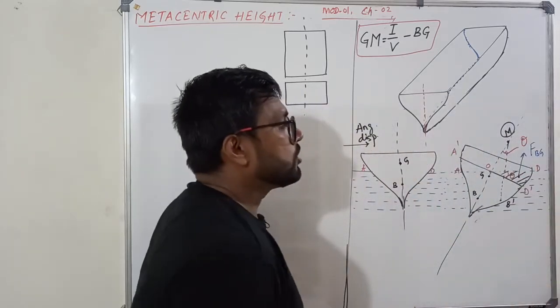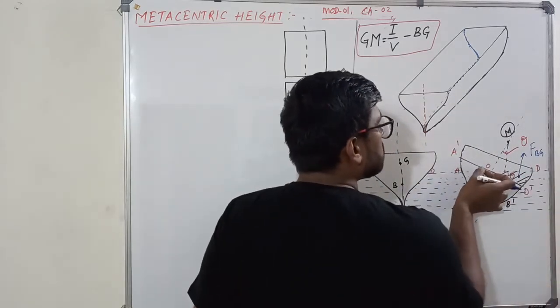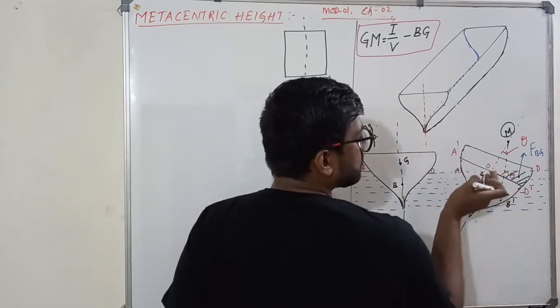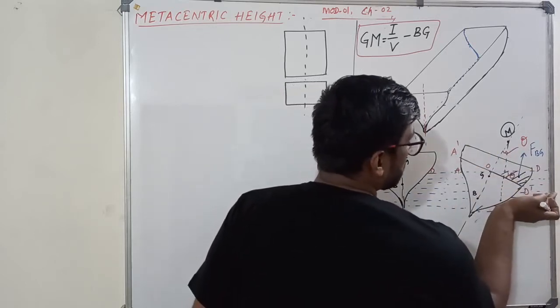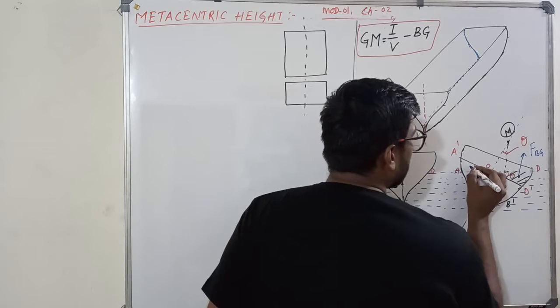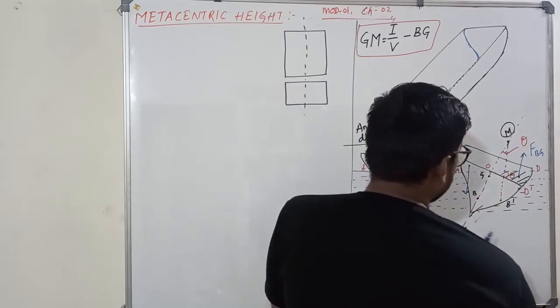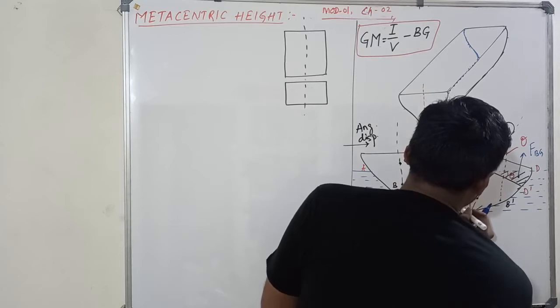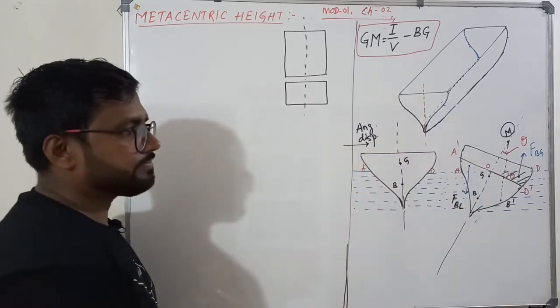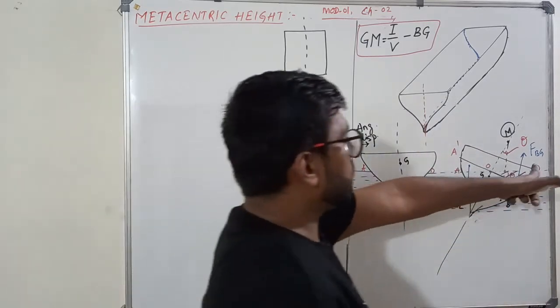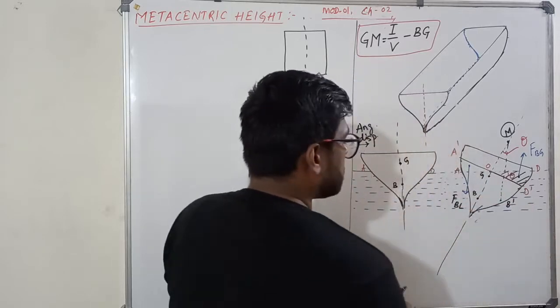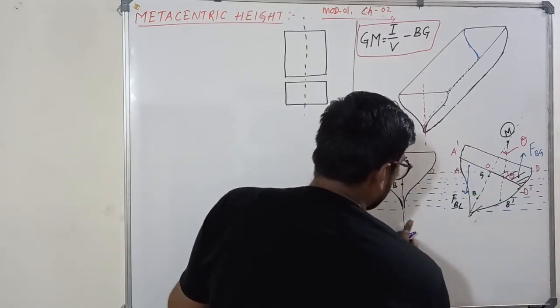Let us say this is the imaginary portion which should have been here, but because you have tilted, some portion has gone that side and this portion has lifted up. So there is something known as loss of buoyancy, FBL. Gain in buoyancy FBG, loss in buoyancy FBL. Sir, can you draw it properly?